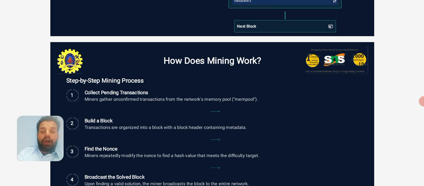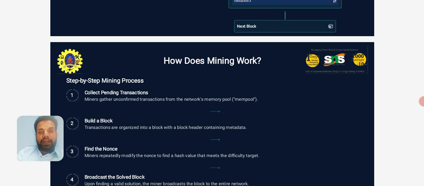For example, I am doing a transaction of 1000 rupees for my brother, someone in the same area does another transaction, and someone in the US or Australia does another. All the transactions are stored in the memory pool. From that memory pool you collect the pending transactions that are not yet validated.